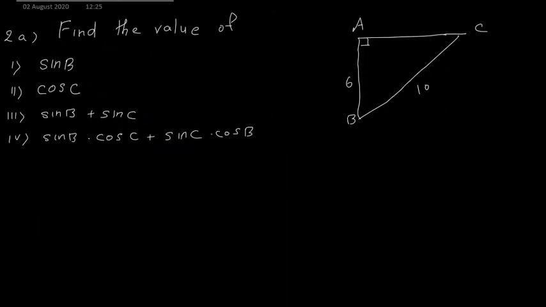Here we have to find the value of sin B, cos C, sin B plus sin C, and sin B cos C plus sin C cos B. Again, one side is not given.